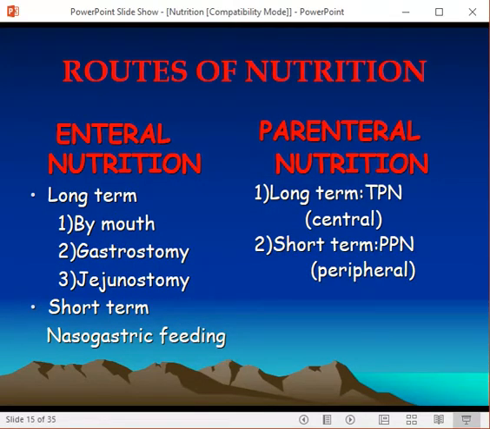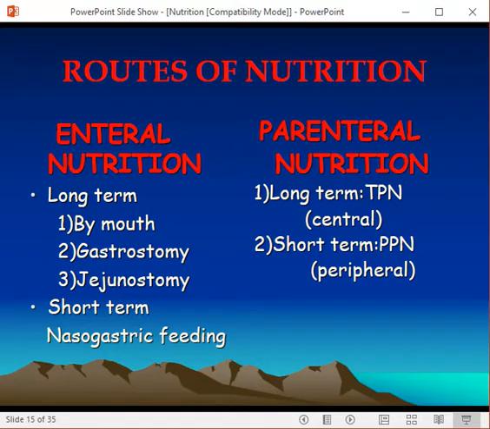Now, what are the routes of nutrition? One is enteral nutrition: for long-term basis by mouth, by gastrostomy tube, by jejunostomy tube, and for short-term it is the nasogastric feeding.